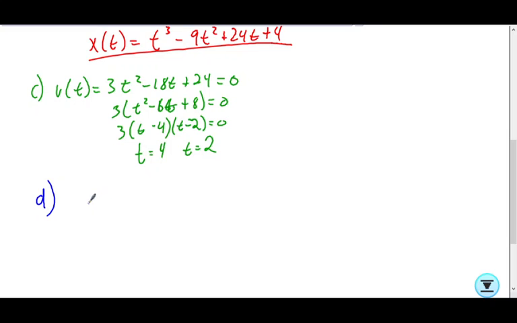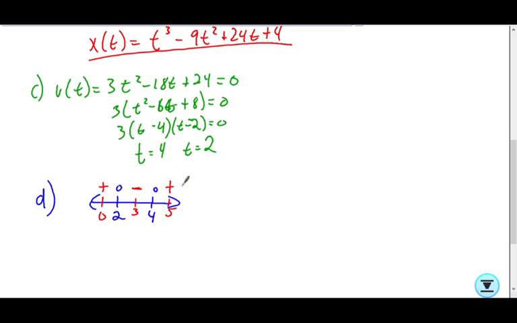So again, I'm going to set up for part D a number line, put in 2 and 4. This is me testing my velocity. So the velocity at time 0 is positive. At time 3, it's negative. And at time 5, it's positive. Okay?